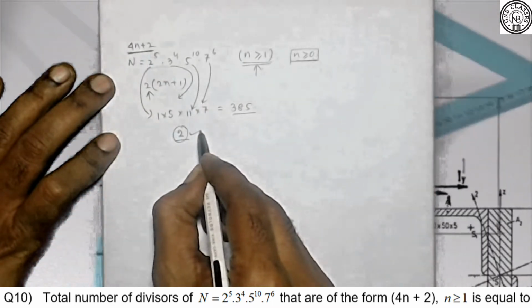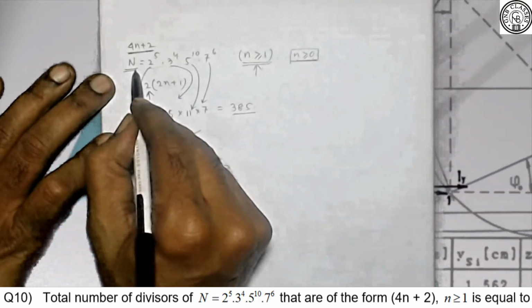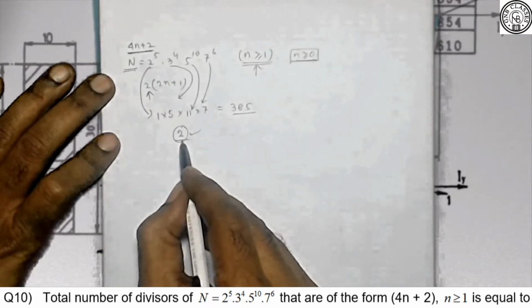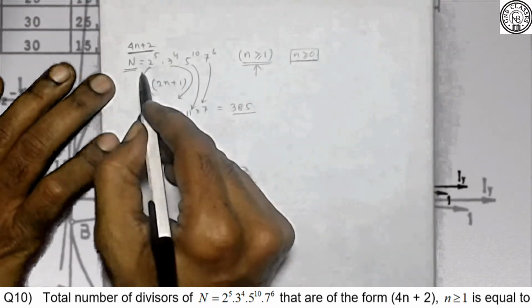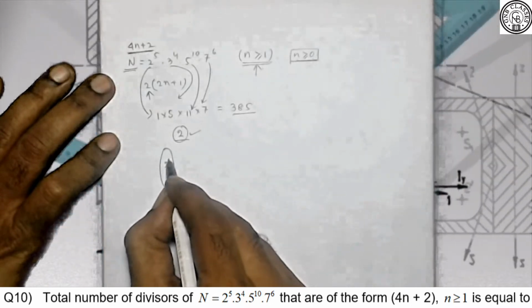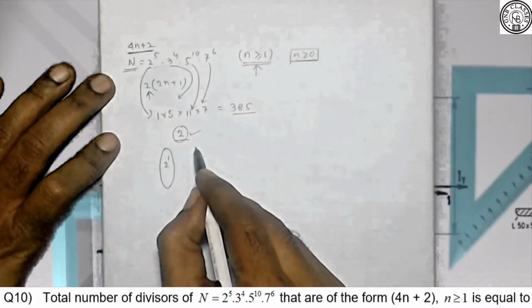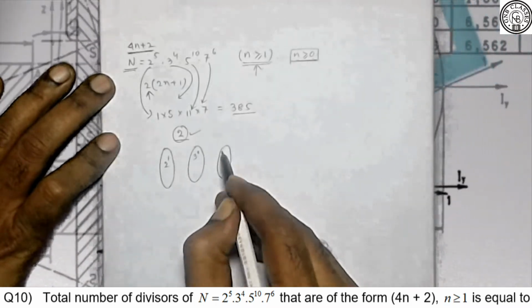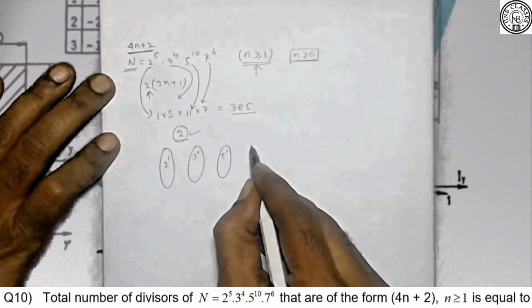Okay? 2 is a factor of the natural number which is of the form 4n plus 2. Now, how is this 2 coming? Look carefully. From the first set we are taking 2 to the power 1. From the second set we will consider 3 to the power 0. From the third set we will consider 5 to the power 0.